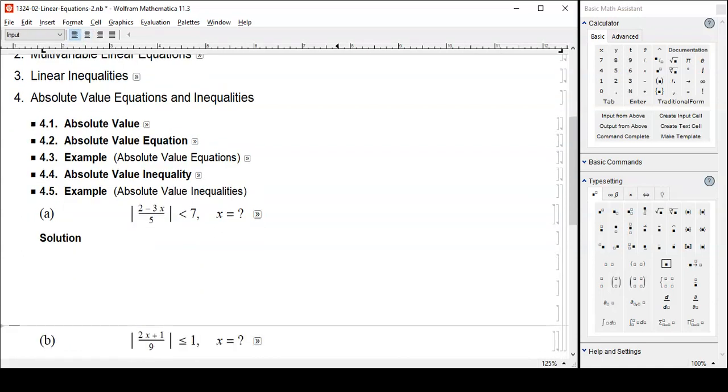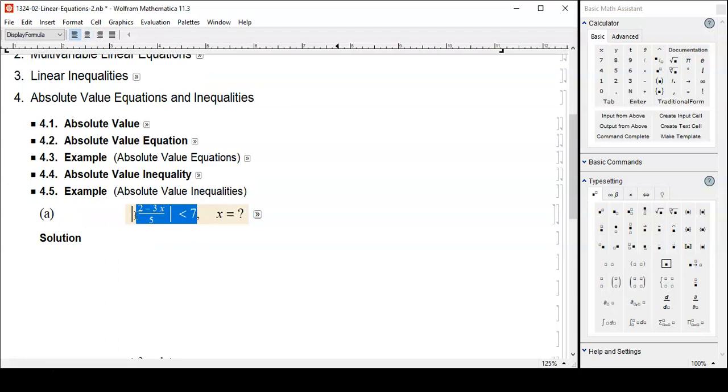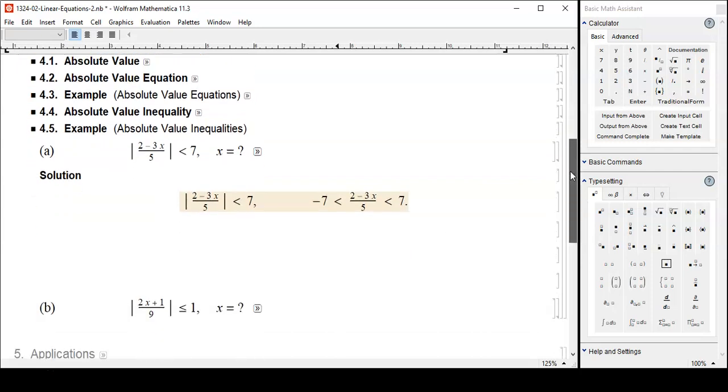This kind of absolute value inequality is the same as this double inequality: negative of the outside, positive outside. We have strict inequalities, so all those are strict.